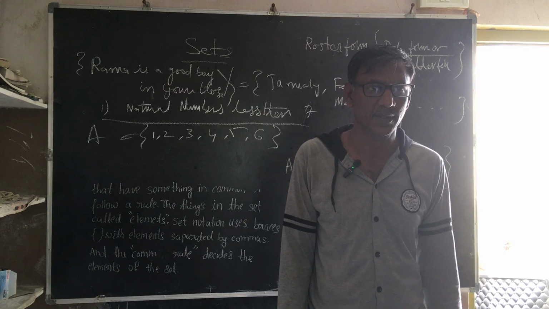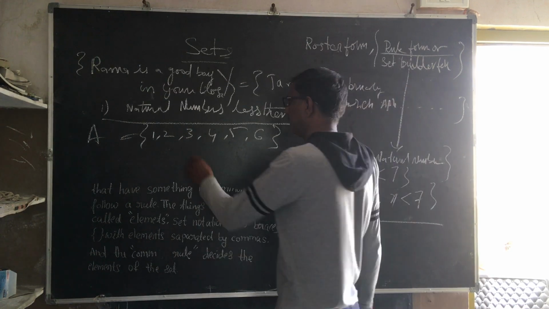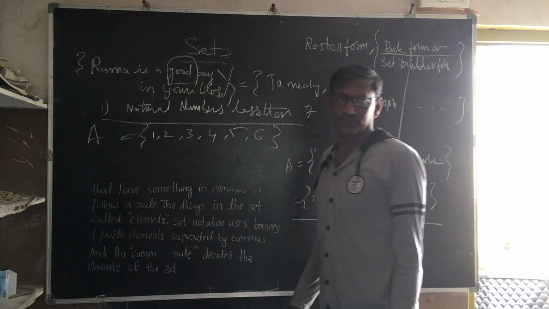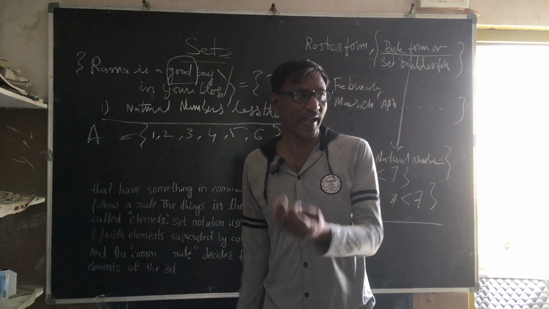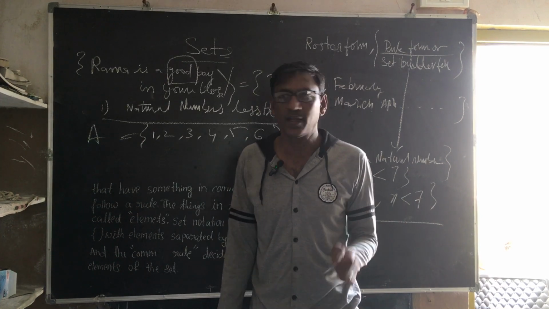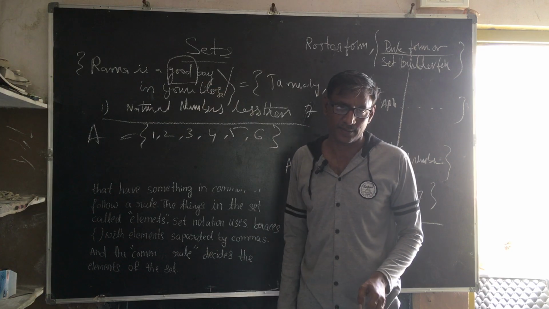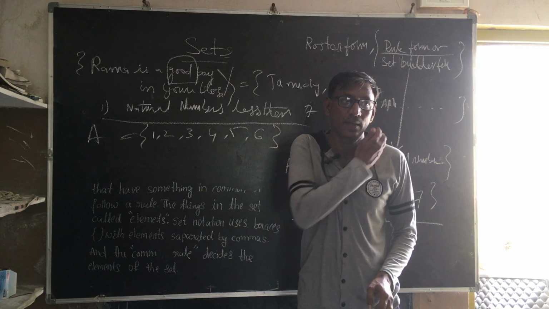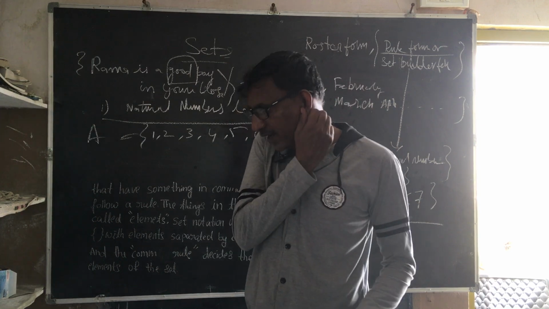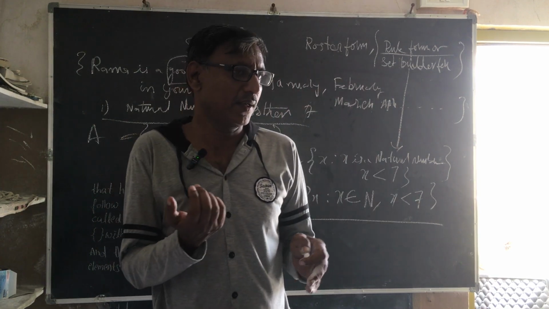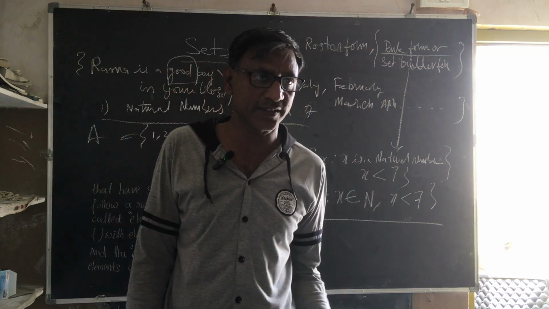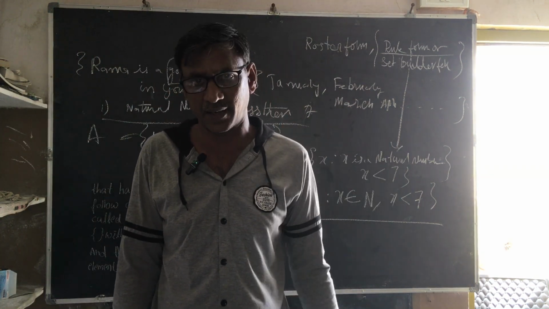Good is a relative word. Someone likes him, someone does not like him. That's the reason it is not a set. Do you understand my point? In this manner you can understand so many sentences which are sets or which are not sets. I will tell you in a later class. Okay.